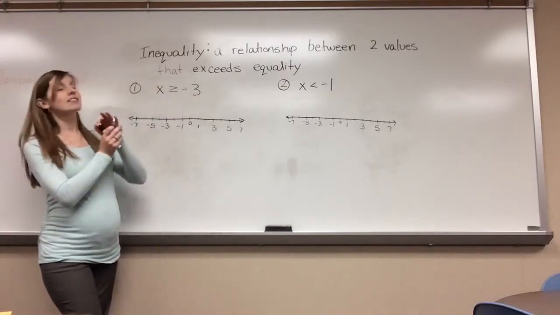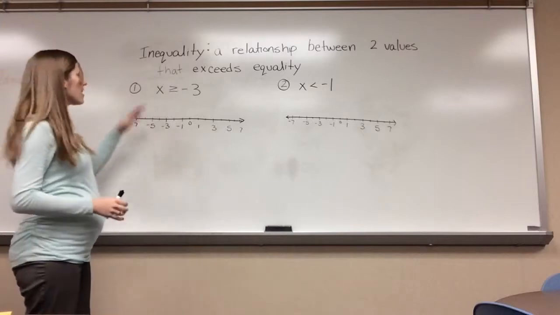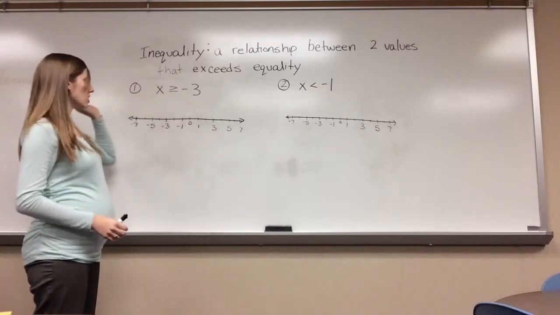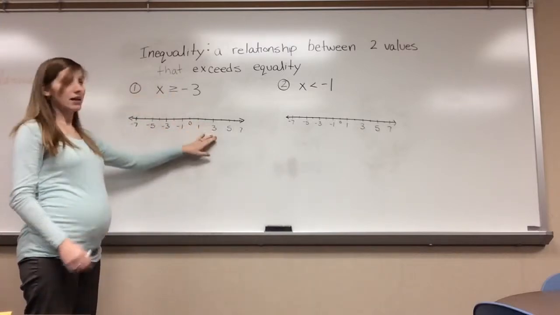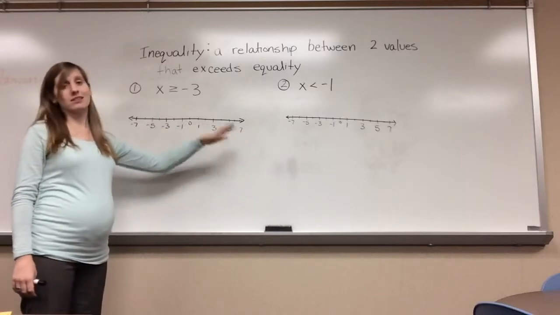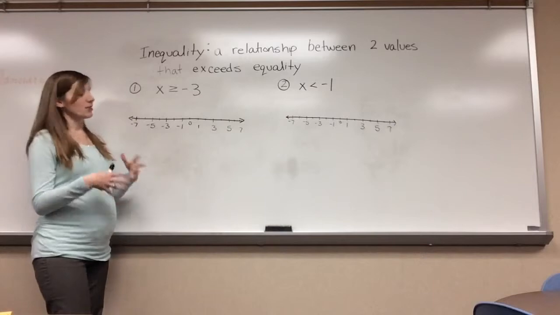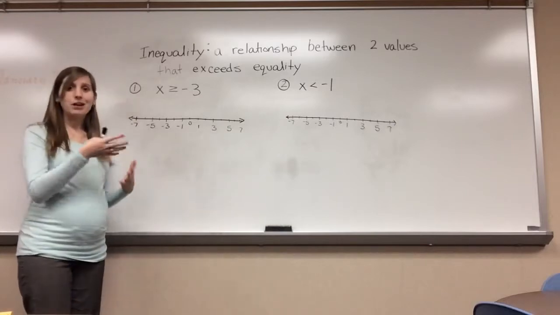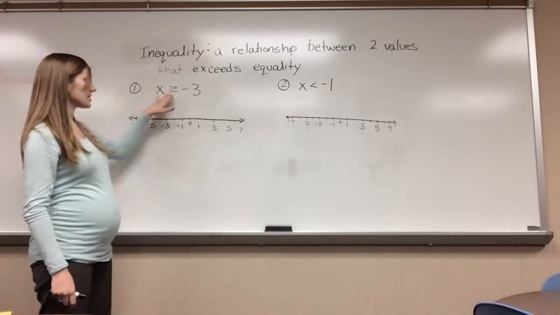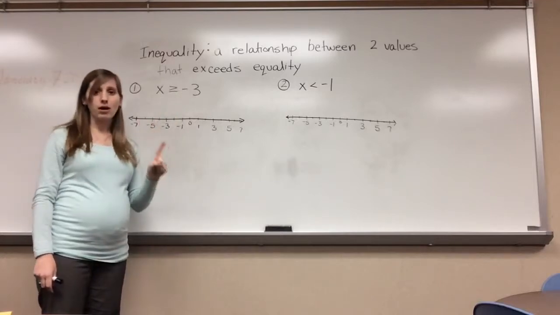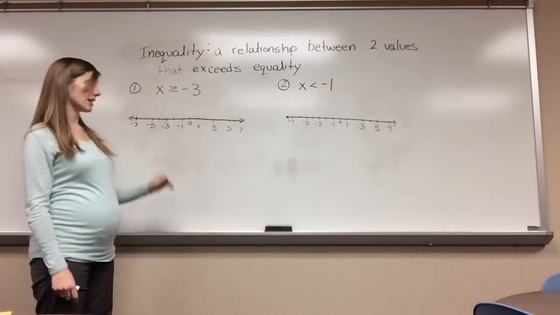That means there's tons of answers. Okay, anything bigger than -3. So -1, 3, 5, 7, 252. So that's another difference between inequalities and equations. If this was x equals -3, there's one answer. It's -3, and that's it.